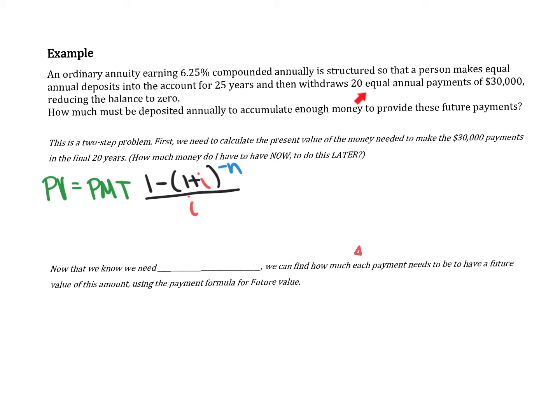I'm going to make 20 of those equal annual payments eventually. So my n here is 20. So for this problem, we already know the PMT is 30,000.